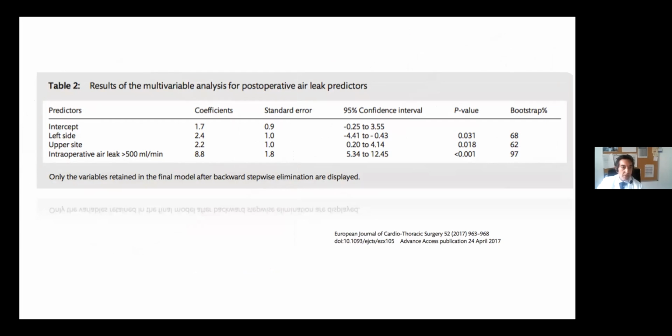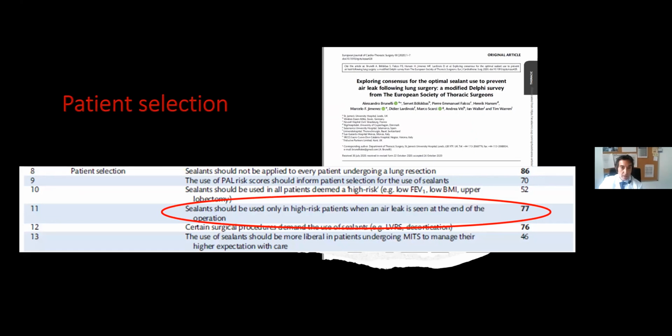So the combination of preoperative risk factors with the intraoperative objective measurement of the air leak is, in our opinion, the future. And according to the recently published consensus of the European thoracic surgeons, published again by Alex, sealant should be used only in high-risk patients when an air leak is seen at the end of the operation.